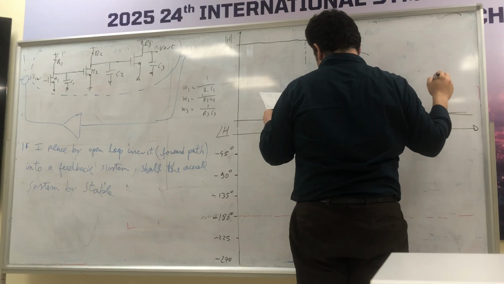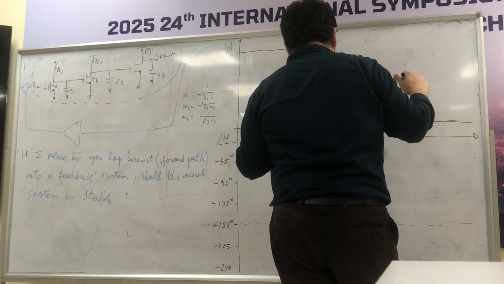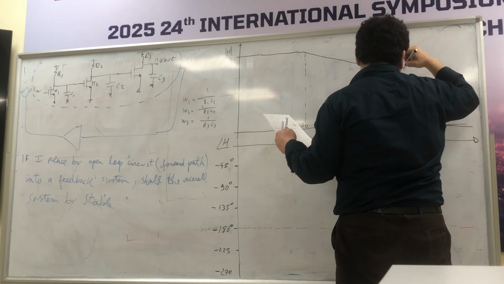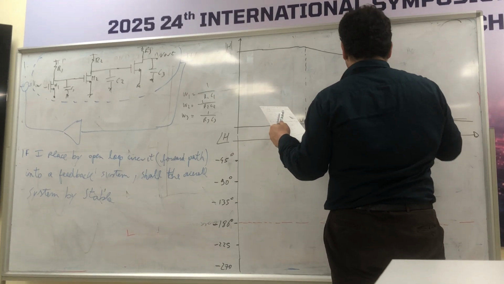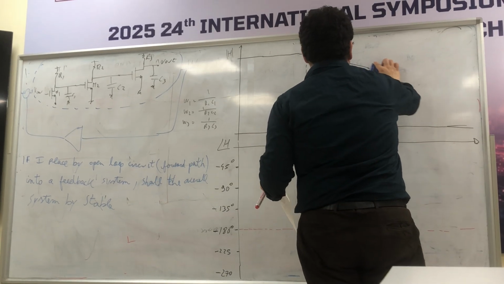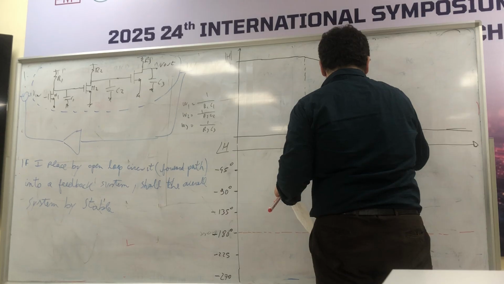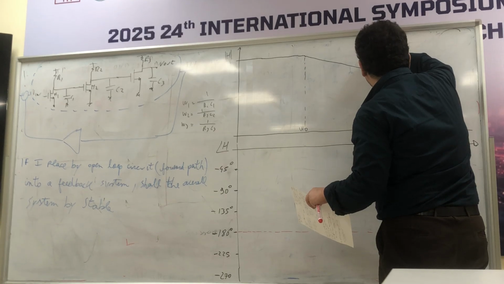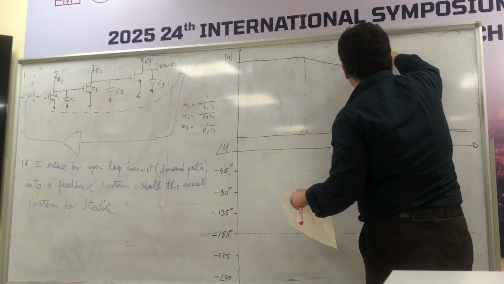Then I place another pole, let's say here, omega s. Okay, you see much more slope from here.